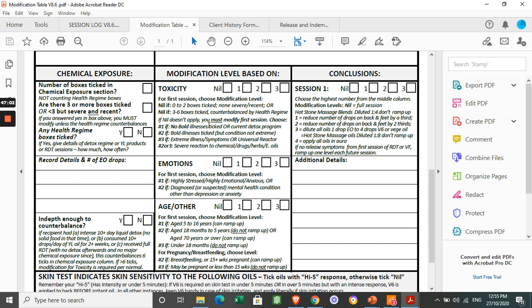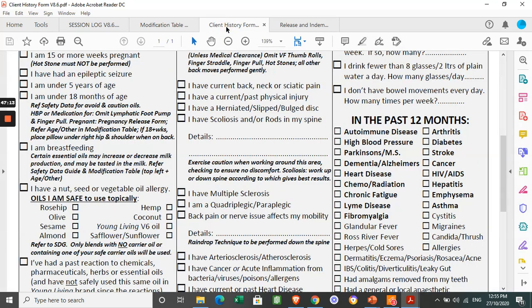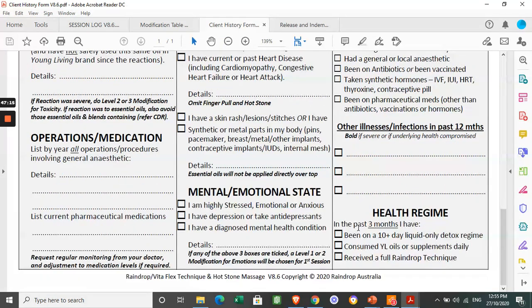But before we make our final decision, we need to factor in any health regime a person might be considering. So let's have a look at the client history form to see what that health regime might look like. So for the health regime, in the past 3 months, I have been on a 10+ day liquid only detox regime, consumed Young Living oils or supplements daily, or received a full raindrop technique.